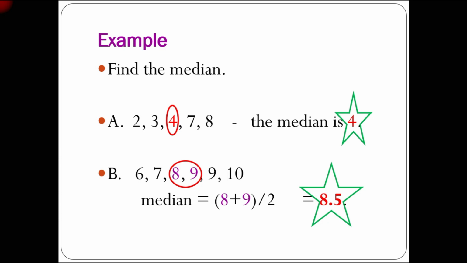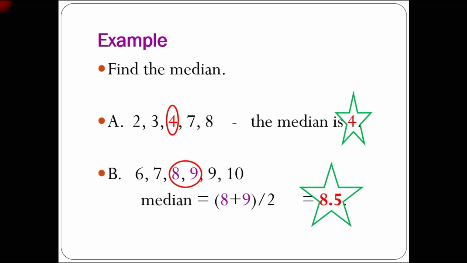Next, we have 6, 7, 8, 9, 9, and 10. So, kung mapapansin ninyo, dalawa ang nasa gitna. Kasi even, no? Even number yung class size natin. So, dalawa yung nasa gitna. This is 8 at saka yung 9 natin. Now, kukunin natin yung average nun.